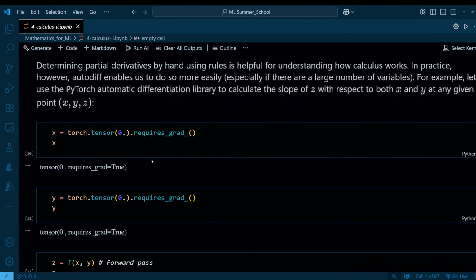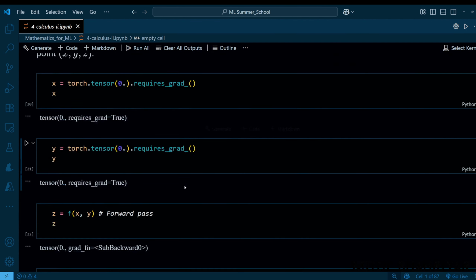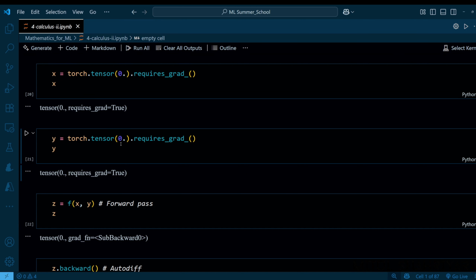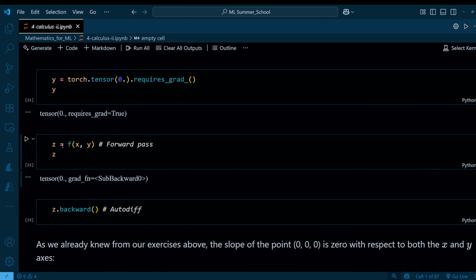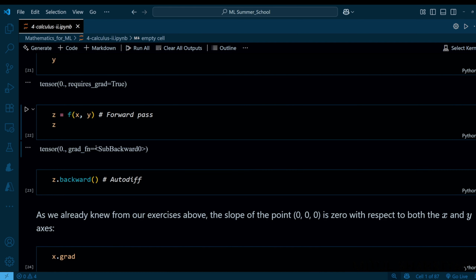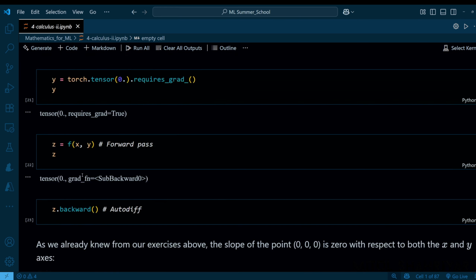Interestingly, we can set a value for x and say it requires gradient, and for y we can set the value and say the same. This is the function: it creates z equal to x square minus y square. In general the value is 0 because x and y are both 0.